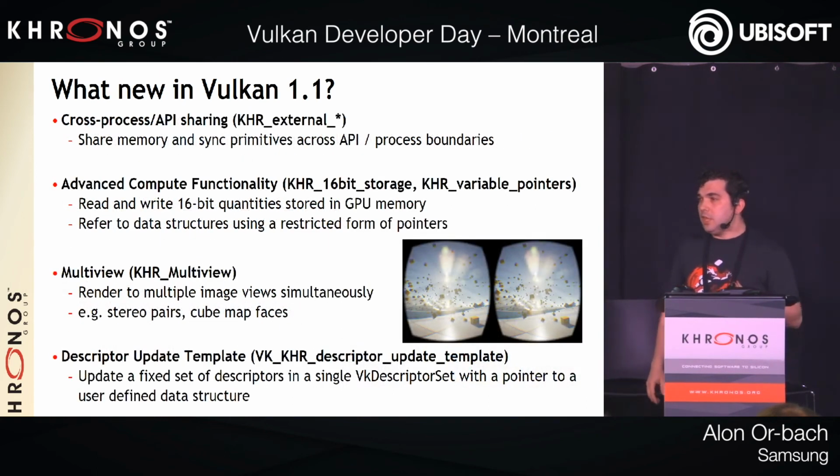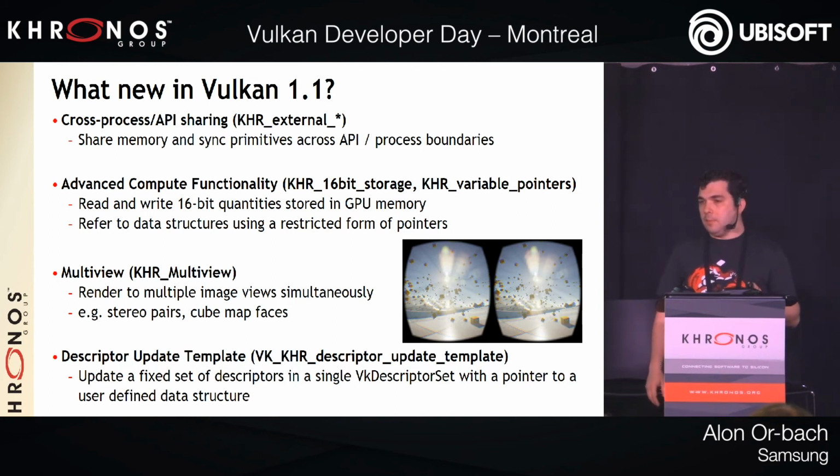One of the key things in Vulkan 1.1 is a bunch of things we call the cross-process external memory and external sync extensions. There are various motivations for them. VR compositors was one of the big reasons, but also being able to import and export between Vulkan and GL or D3D was a key one. This is the mechanism we used for that, which was pushed through in 1.1.